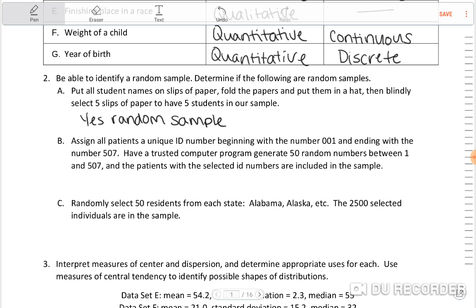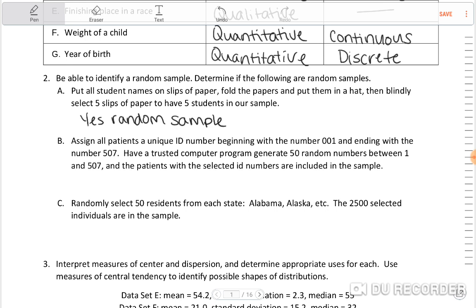So when I first read this one, I was like, is it a random sample? Is it not? Is that all patients? I was a little, to say the least, confused. So I looked at it again, consulted a colleague, and we talked about it a little bit. I think we came to the agreement we think it is a random sample, and here's why.